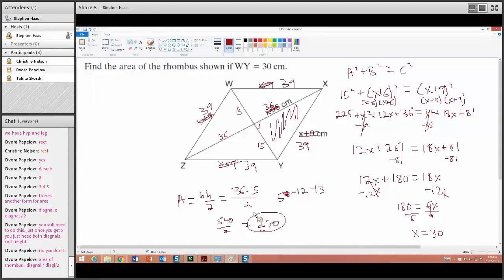So the area of each of these four is 270. Add them up, and you have the entire area of the rhombus as 1080.